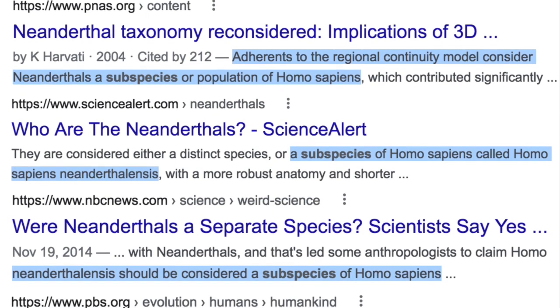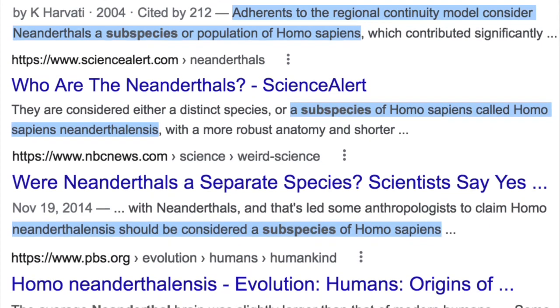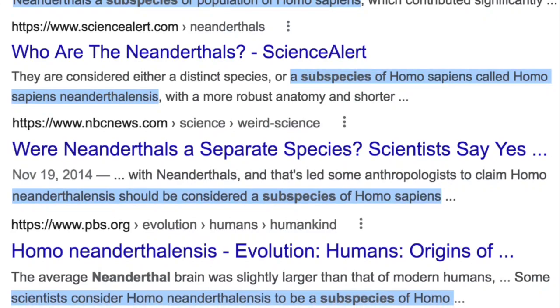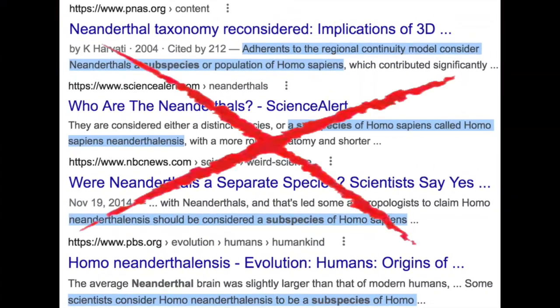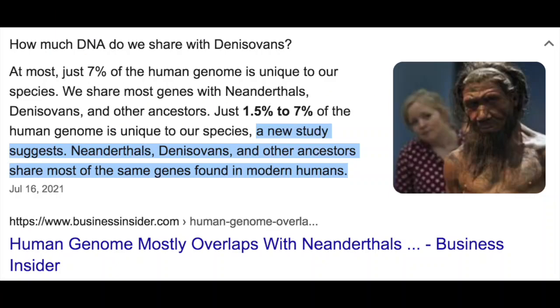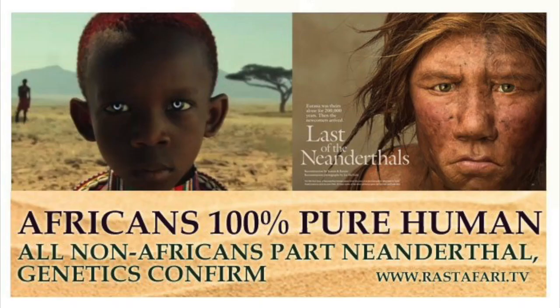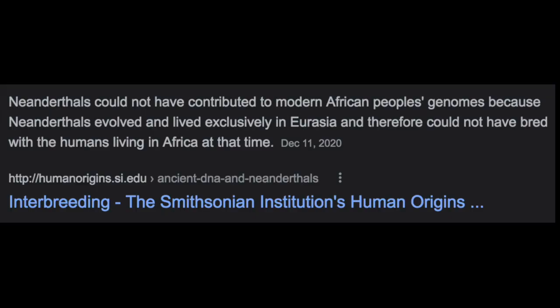Then they tried to say that, well, they're a subspecies, just a different offshoot branch of humans. Then that was falsified when they found Denisovan and modern day people share a lot of genetic similarity with them. Then they said, well, they're not a different species nor a subspecies, but they're just a single dead-end branch of only the European ancestry through evolution.